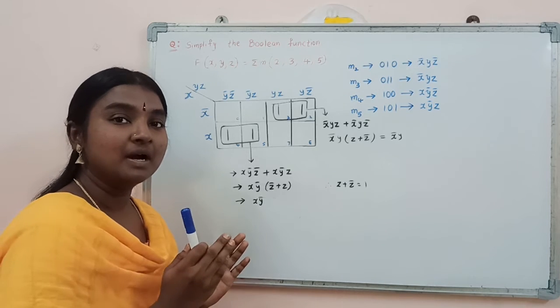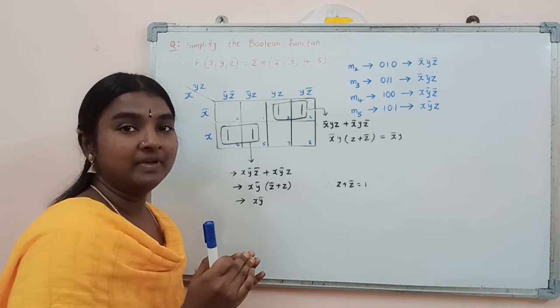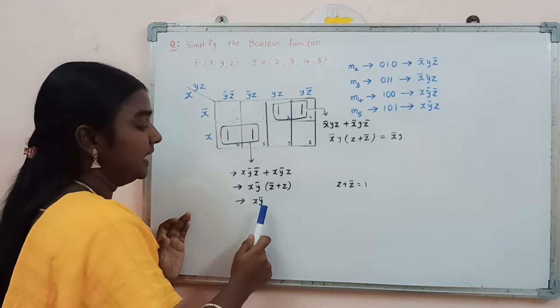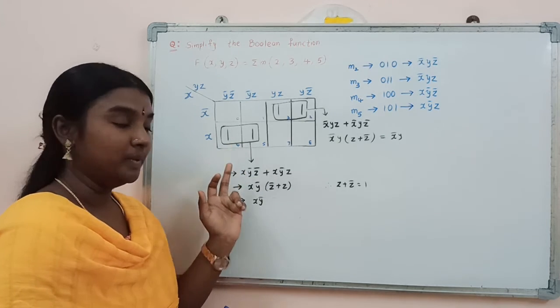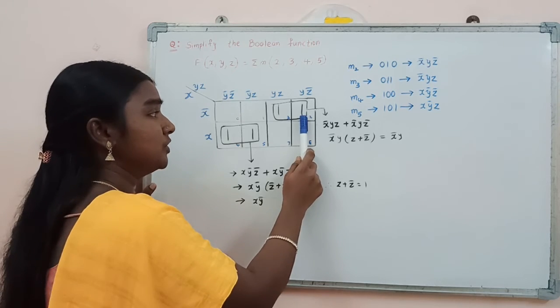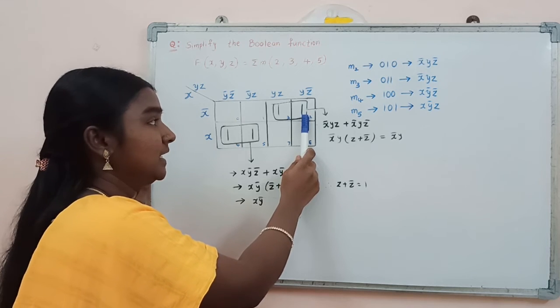So when we are combining adjacent ones, we need to consider the common variables. Like here, x will be common and y bar will be common. So the product term for this group is x and y bar. Now coming to this group, by seeing it, we may write the product term directly.